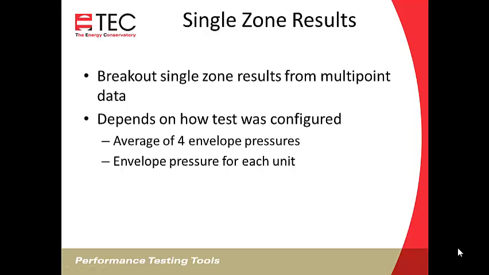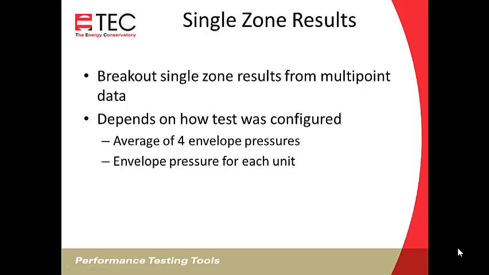How the process will depend on how the test was configured, and there are 2 basic ways that you can configure the test. One is if you have a number of envelope pressures, and you're going to be averaging those envelope pressures. In the example we're going to use, we've got a 2-zone test where we've got 2 zones that aren't intentionally connected. There's no door between them.